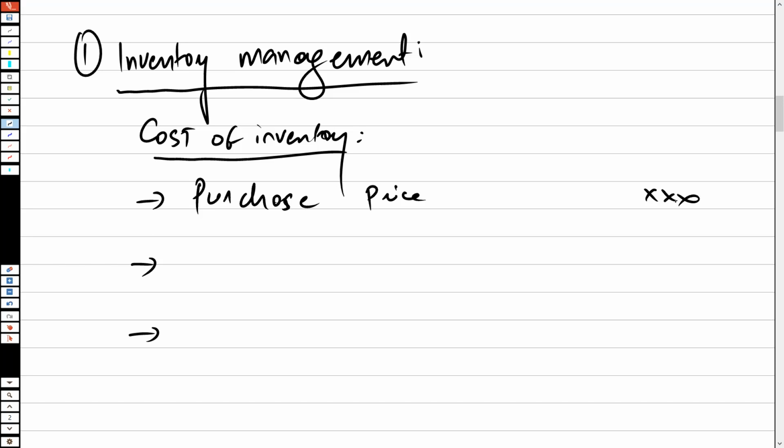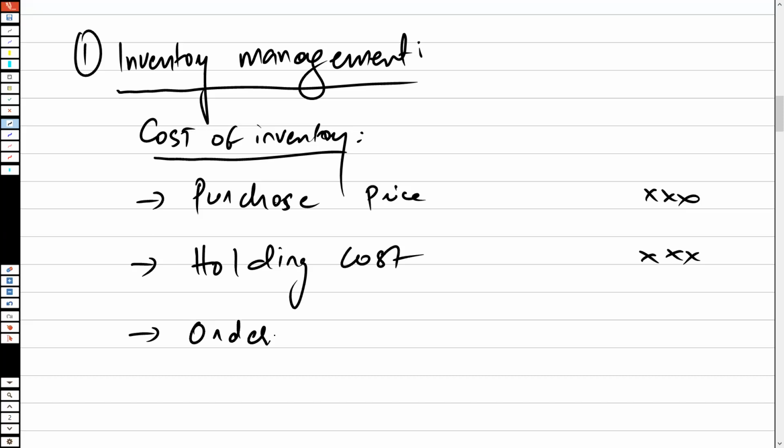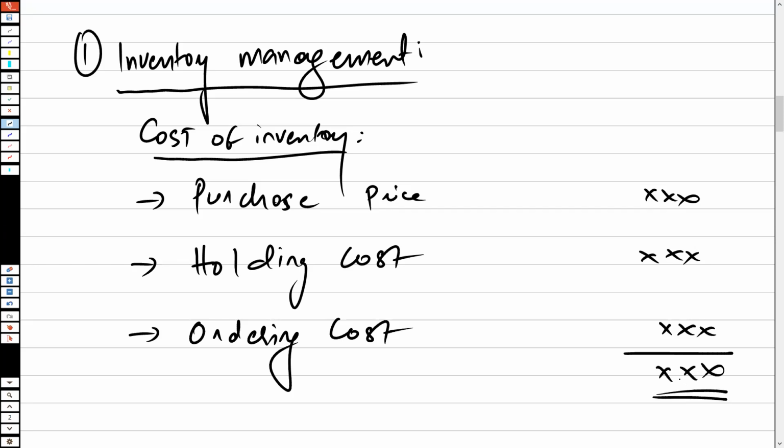The other one is called holding cost. The third one is called ordering cost. I repeat, the cost of inventory is made up of three things.